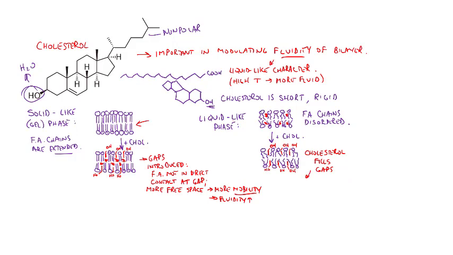And this is exactly the opposite of the previous case here. So by filling in the gaps, the fatty acids are going to become more restricted, and therefore your fluidity goes down.